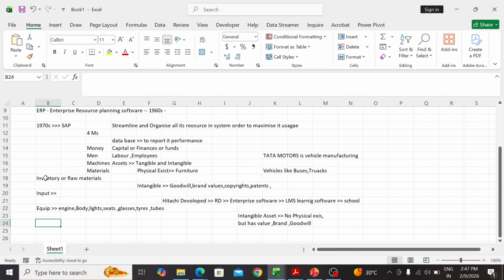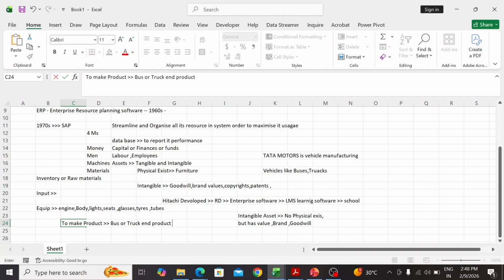To produce a product, we need so many equipment or raw materials. Assume a bus or truck is an end product. If you want to produce this product, you need all these inputs or raw material.